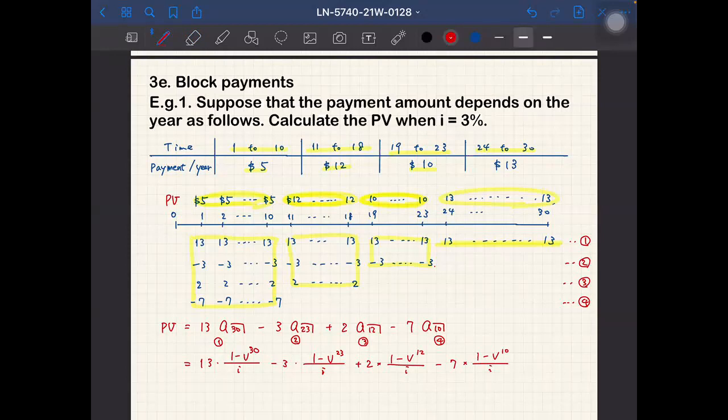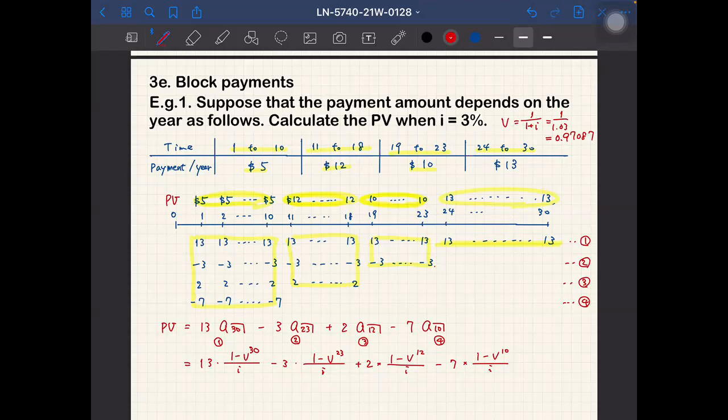And here v is equal to 1 over 1 plus i, so that is 1 over 1.03, which is 0.97087, slightly larger than 0.97.